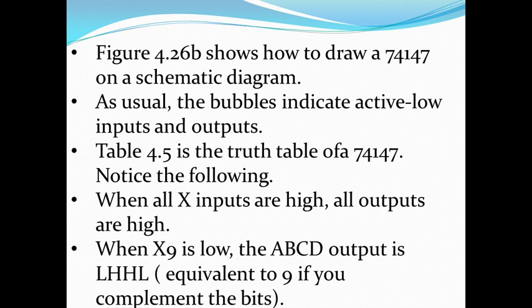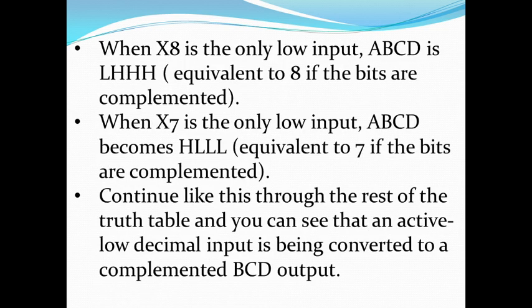Notice the following. When all X inputs are high, all outputs are high, so none of the inputs is activated. When X9 is low, the ABCD output is L, H, H, L, equivalent to 9 if you complement the bits. When X8 is the only low input, the ABCD is L, H, H, H, equivalent to 8 if the bits are complemented.